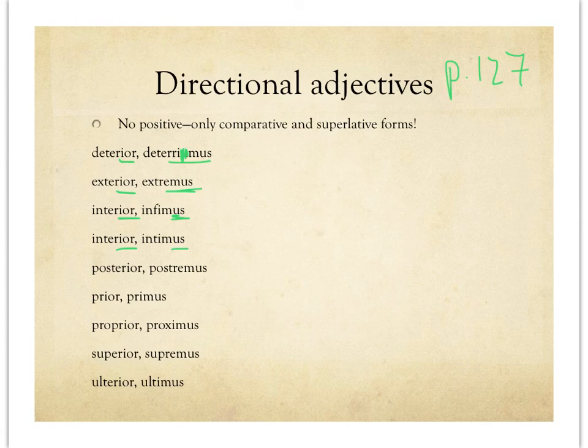So deterior, deterimus means worse or worst. Exterior means outer, and then extremus would be the outermost. Inferior is lower. Infimus would be the lowest.